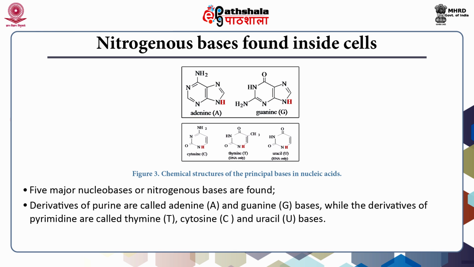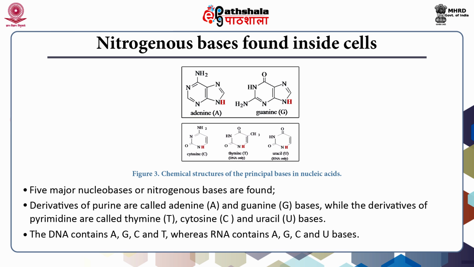The derivatives of purine are called adenine and guanine, A or G, while the derivatives of pyrimidines are called thymine, T, cytosine, C, and uracil, U. The DNA contains A, G, C, and T, whereas RNA contains A, G, C, and U bases. The principal structure of these bases is shown in the figure which you can see.